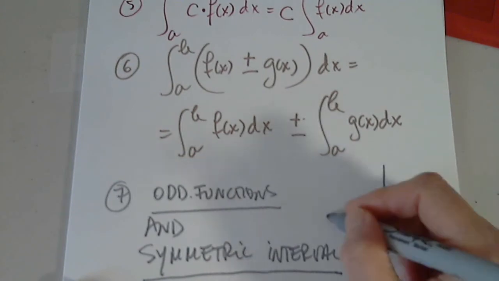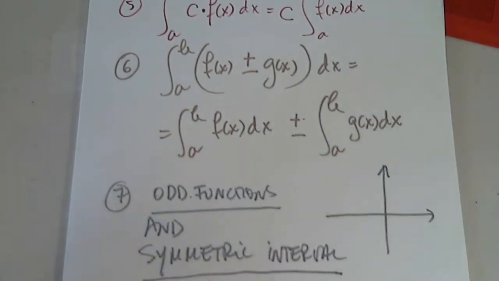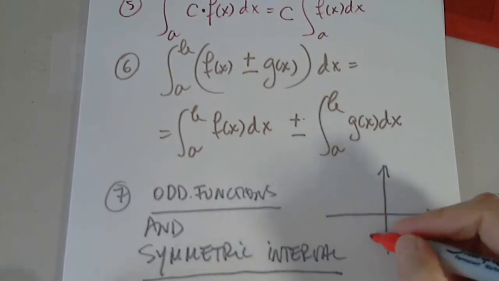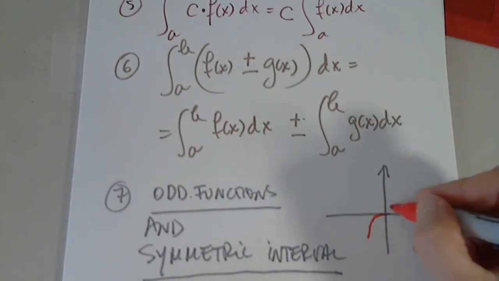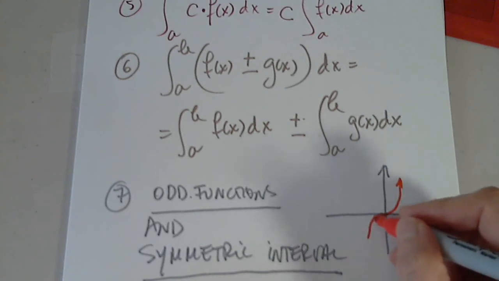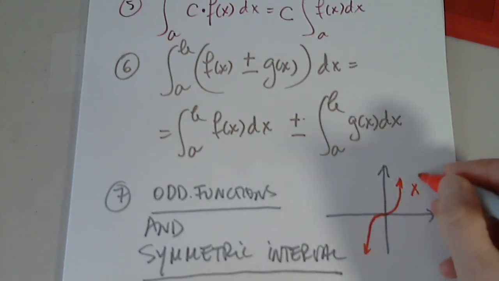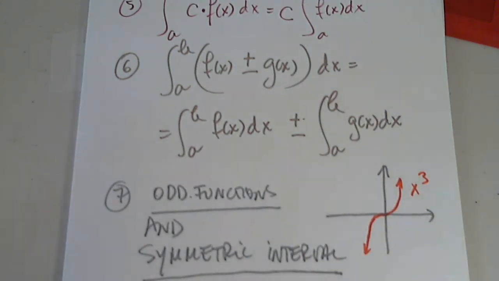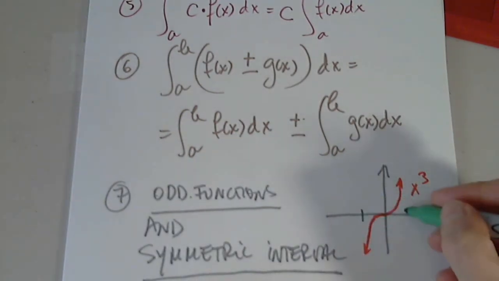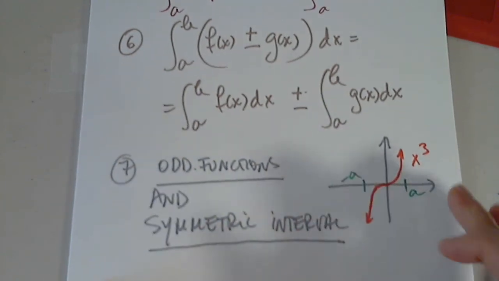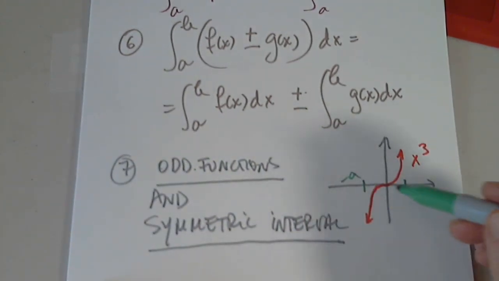So here's an odd function, we know this very well, x cubed. Here's x cubed. And let's suppose we have an integral between negative a and positive a, a symmetric interval, like negative 2, 2, or negative 5, 5.